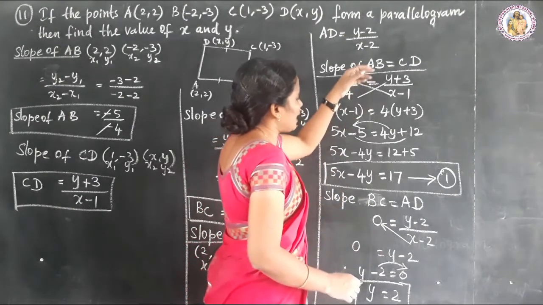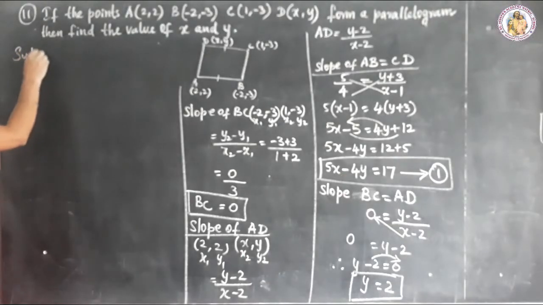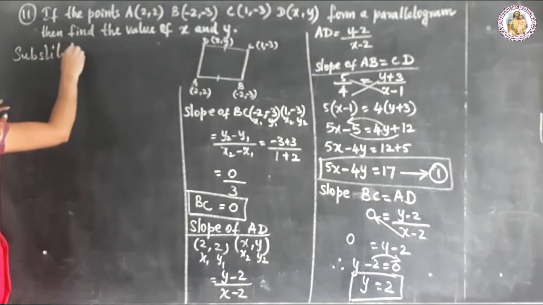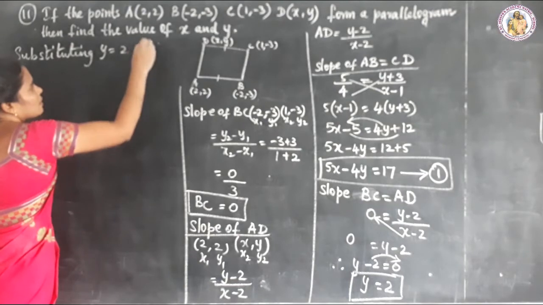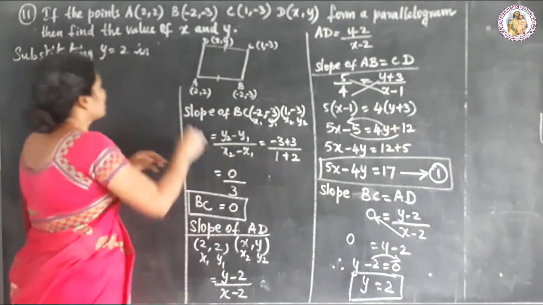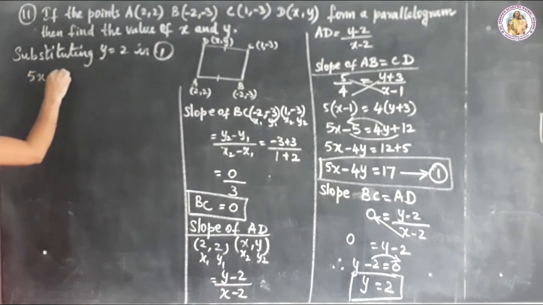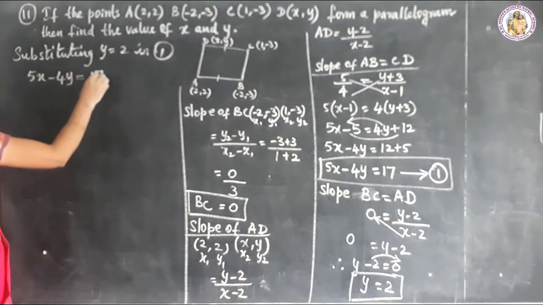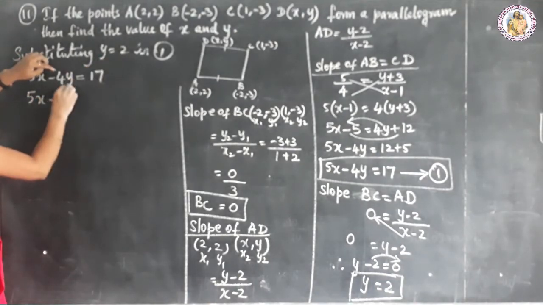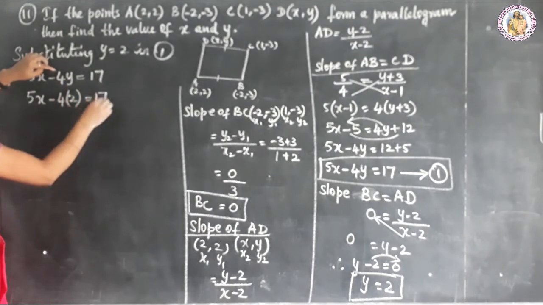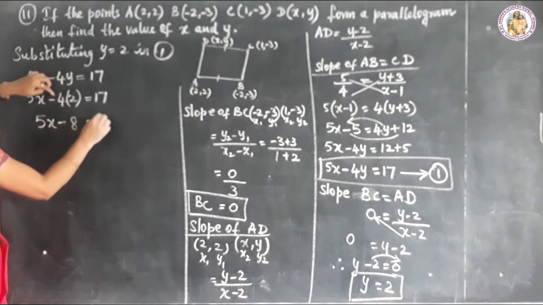Now let us substitute the value of y is equal to 2 in equation number 1. Equation number 1: 5x minus 4y is equal to 17. In the place of y, substitute 2: 5x minus 4 times 2, that is 8, is equal to 17.